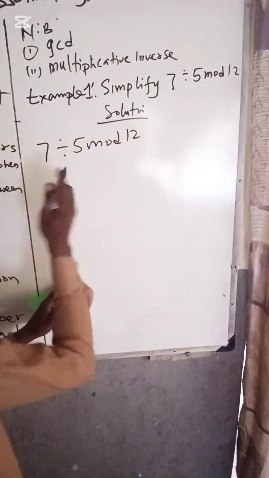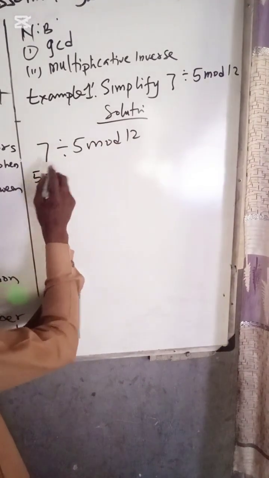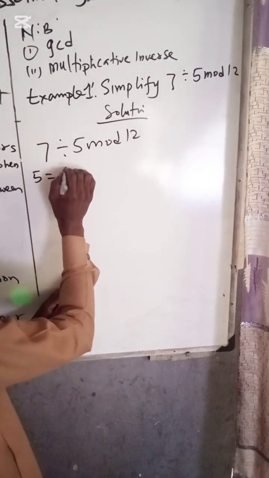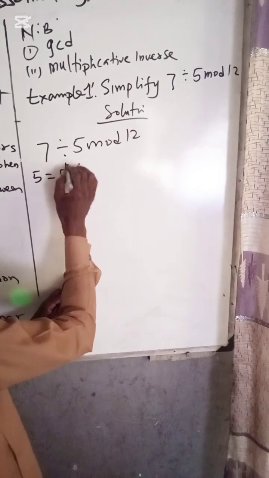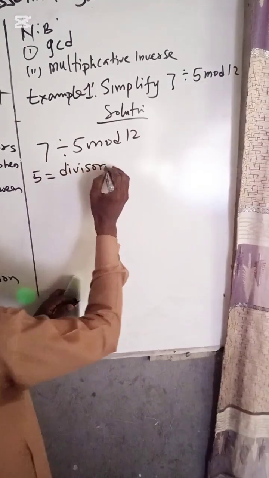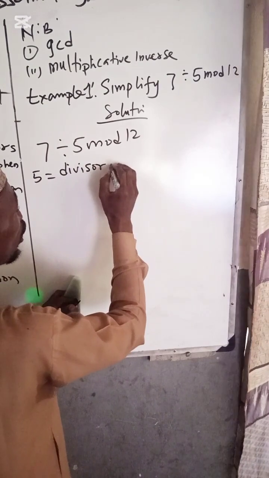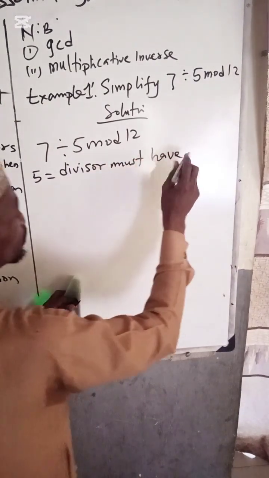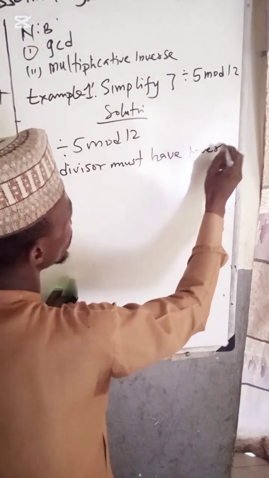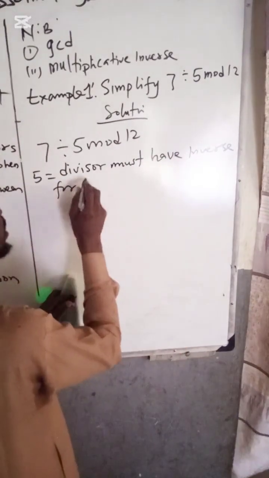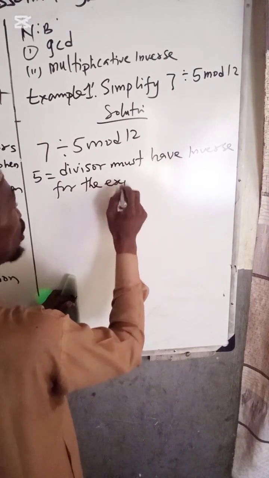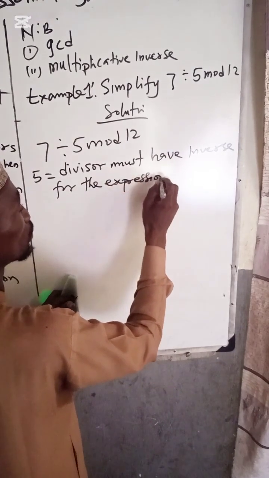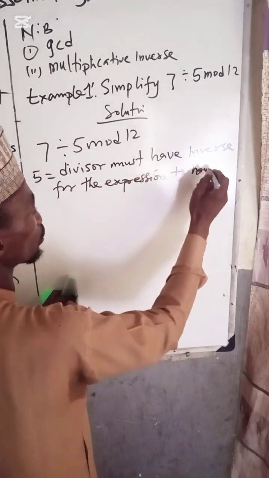If you look critically, 5 here is the divisor. This divisor must have an inverse for the expression to have a solution.